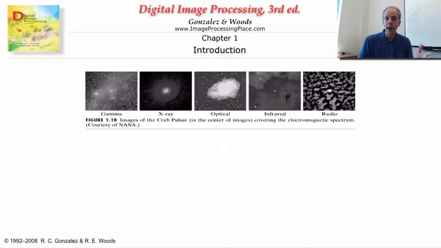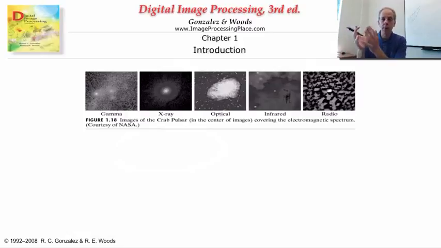And once again, it's very important to understand that there is not only a large variability in the type of images that we can acquire, but sometimes we use multiple modalities to acquire the same image and obtain different information. The different modalities will give us different information about the same scene.